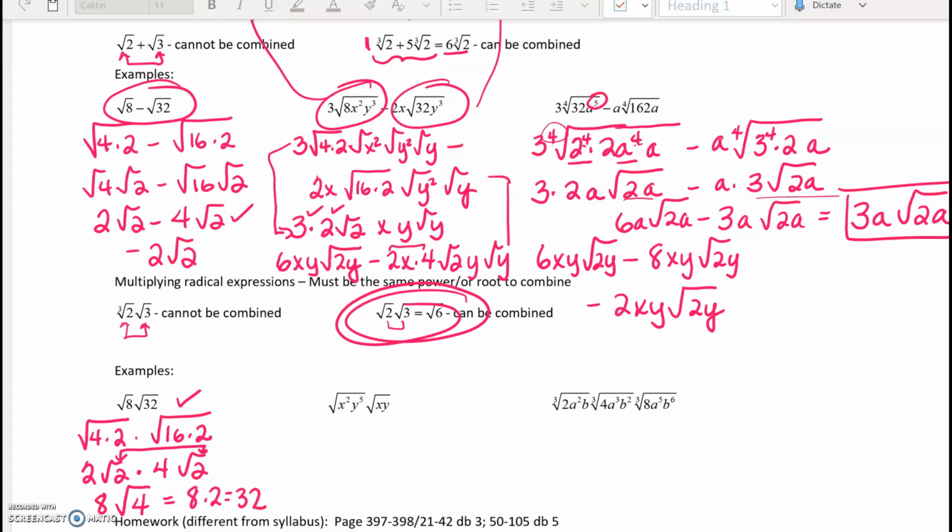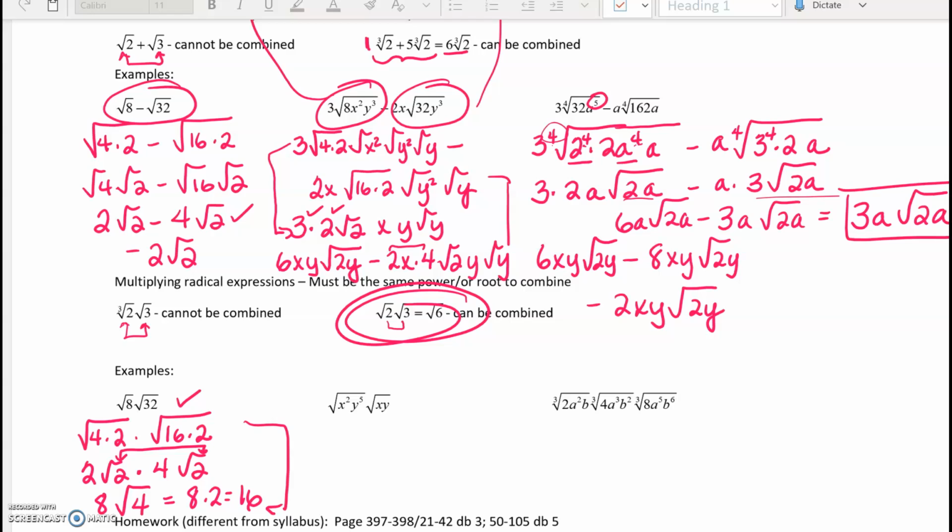So when you're working with numbers, sometimes it's easier to break it down, because if we had multiplied 8 times 32 and gotten 256, I don't know about you, but my bet is that you don't know that the square root of 256 is 16. So if we take it little pieces at a time, we can get our answer.